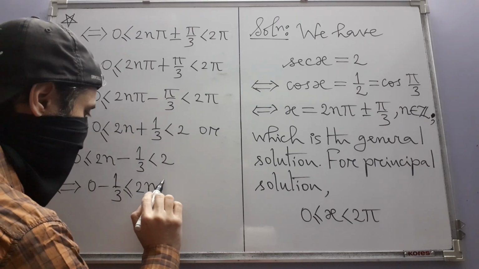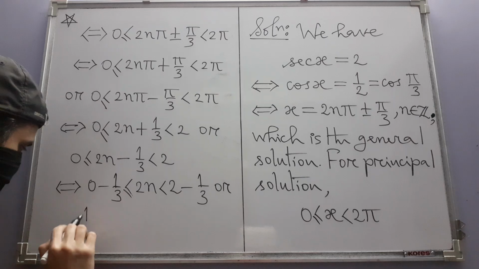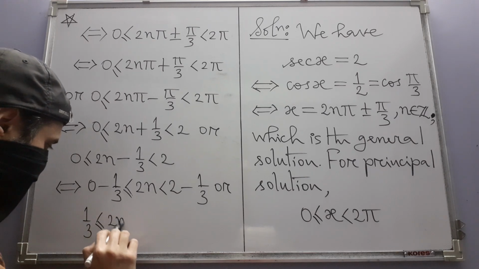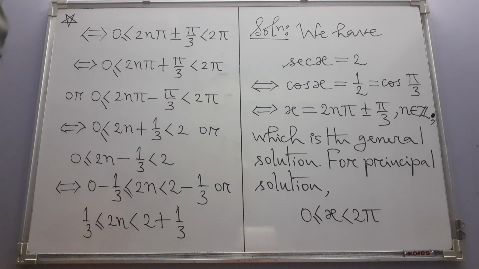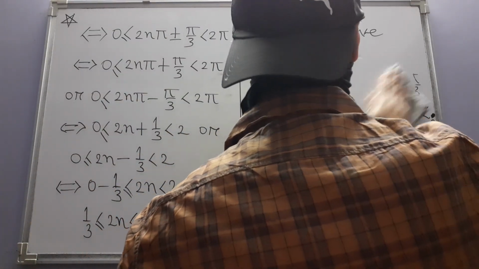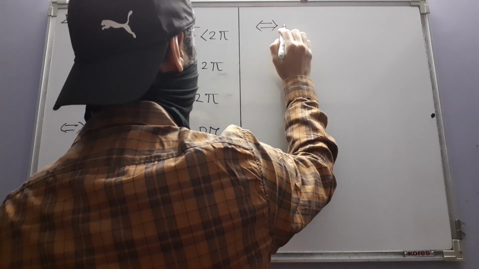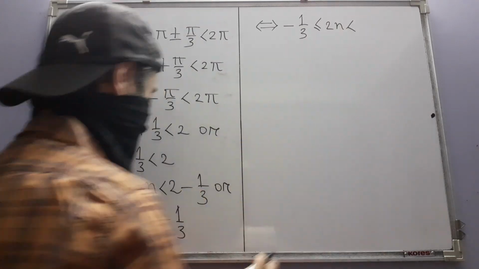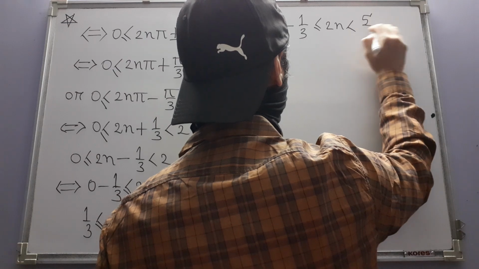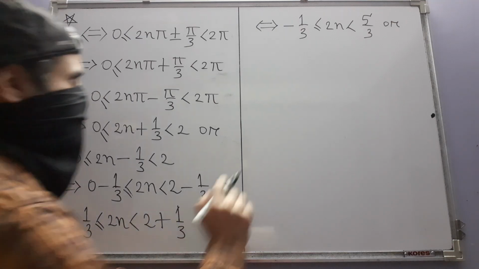Less than 2n, or, and here we add, minus 1 over 3 less than or equal to 2n less than or equal to 5 over 3, or 1 over 3 less than or equal to 2n less than or equal to 7 over 3.